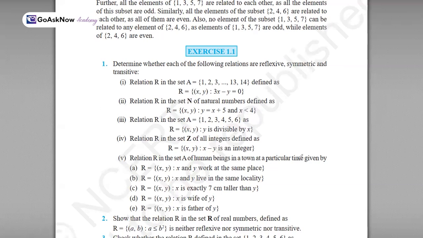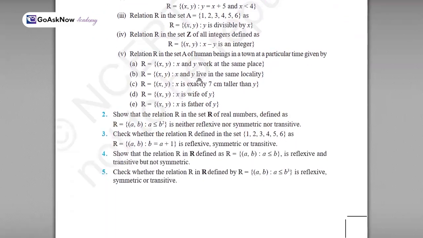Okay. So now I will tell you question two of this exercise. Let's read out what question two is telling. Show that the relation R in the set capital R of real numbers.